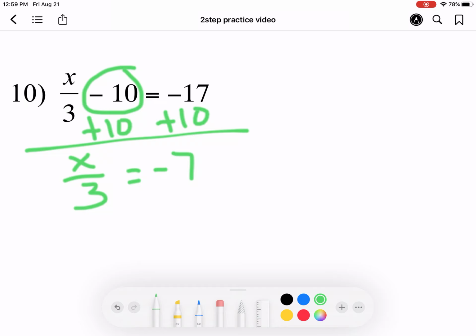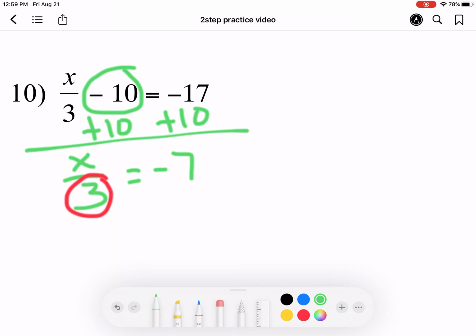Okay? Now I have to move my coefficient. Well, in this scenario, 3 is still my coefficient. So I have to move it. Well, what operation do we have going on here? We have x divided by 3. Well, the inverse of division is multiplication. And we also know that we multiply by the reciprocal.